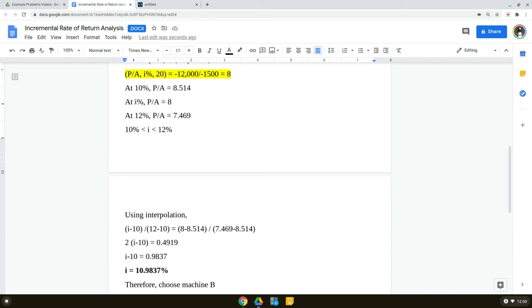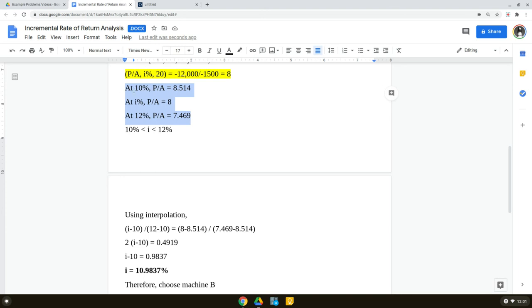Or in this case, on the left hand side, in the process of interpolation, you can write I percent minus 10% here, I minus 10 divided by 12% minus 10%, x2 minus x0, 12% minus 10%. It may seem complicated, but all you have to do is arrange them in the sequential order and then do the I minus 10 divided by 12 minus 10 on the left hand side.